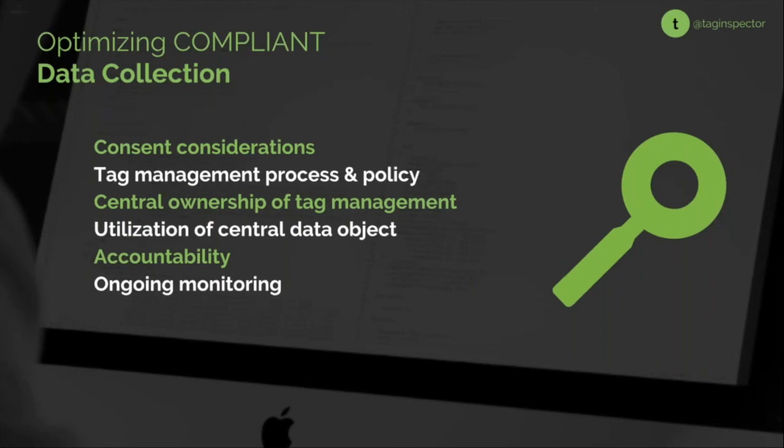A big part of that is central ownership of tag management, not having a bunch of different hands in the cookie jar, if you will. So not allowing a lot of different parties or third parties or partners to implement tags, add tags on the website. Own it, in-house or with a single partner, and be able to keep control over the architecture and the compliant data collection.